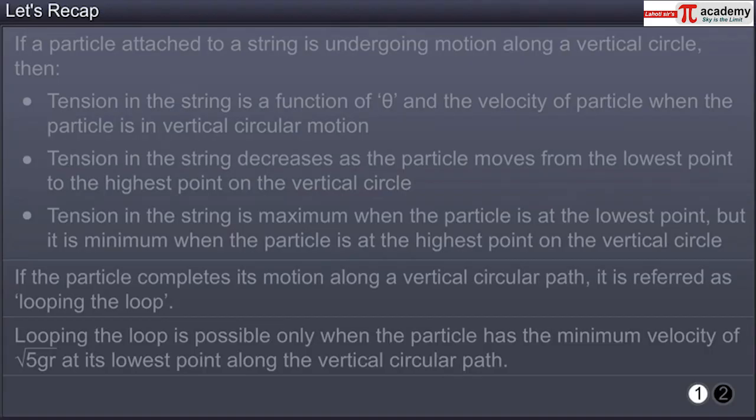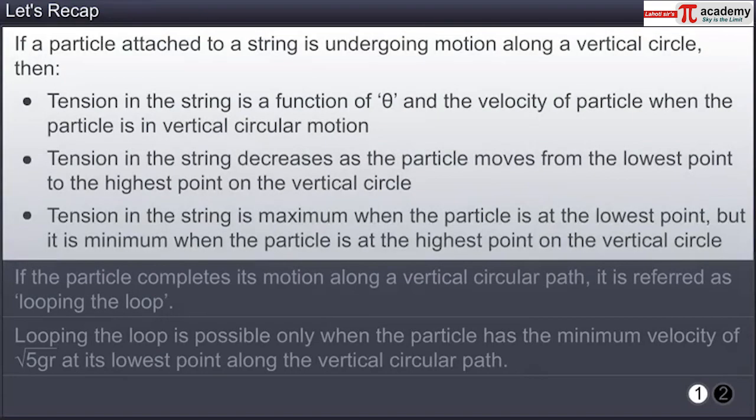You have now reached the end of this module. In this module, you learned that if a particle attached to a string is undergoing motion along a vertical circle, then tension in the string is a function of theta and the velocity of the particle when the particle is in vertical circular motion.